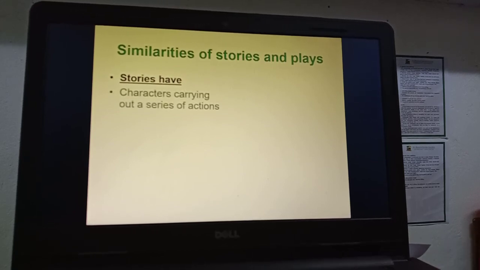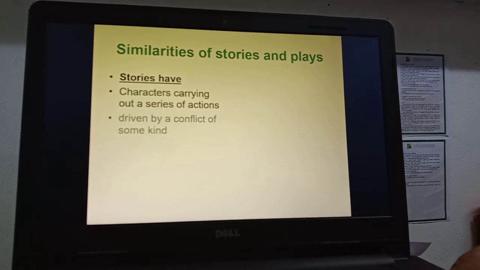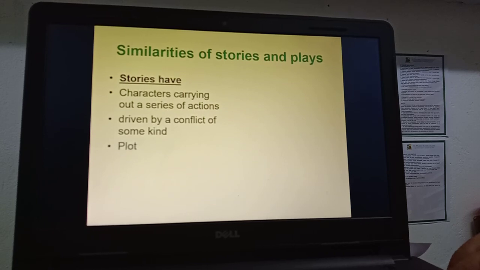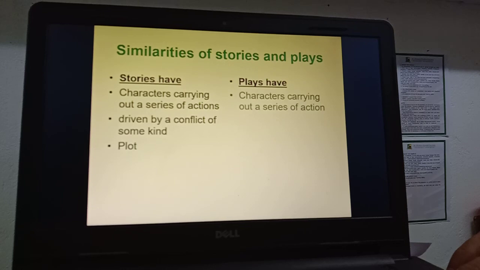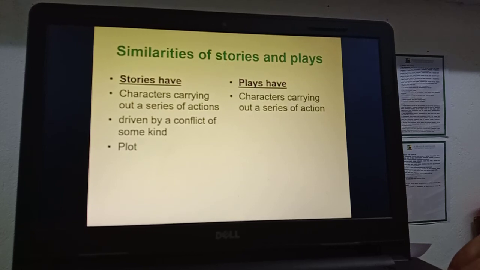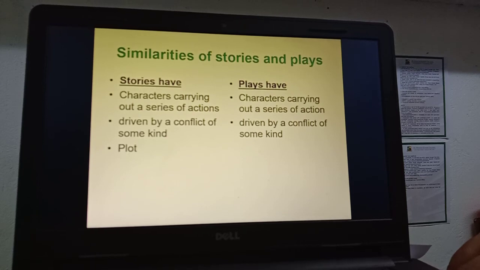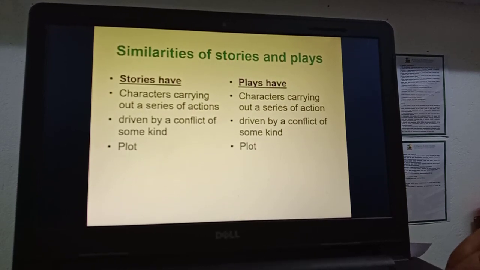Stories have characters carrying out a series of actions driven by a conflict of some kind and a plot. The plays also have characters carrying out a series of actions driven by a conflict of some kind and, of course, a plot. Saan ba nagkaiba ang dula at ang istorya?